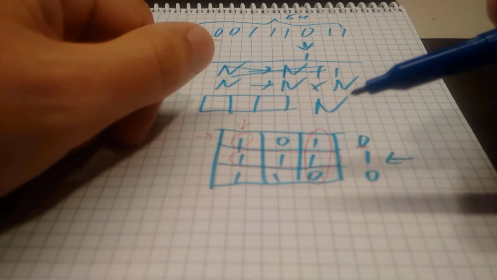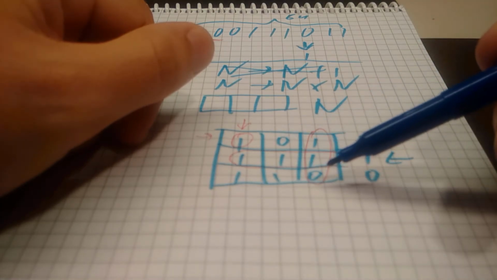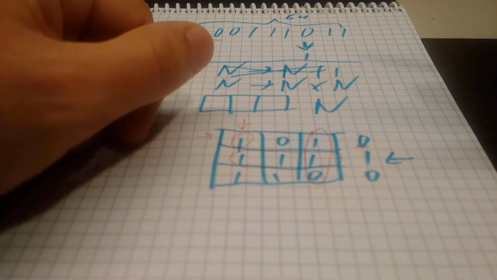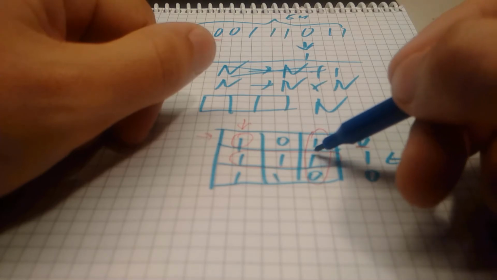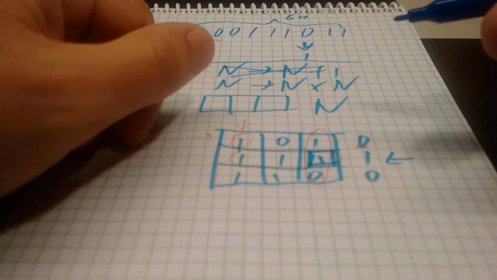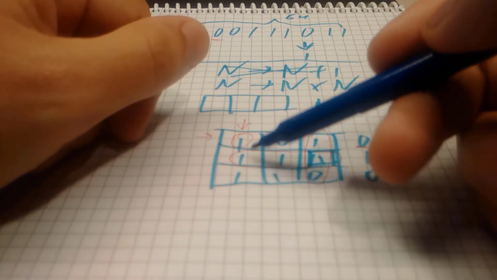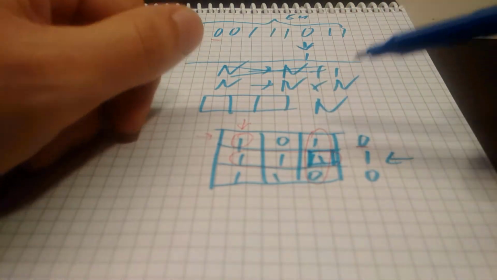The same goes with columns. So any bit in this column will do, and any bit in this row will do. So only this one works. We can change it, and we will communicate the required column and required row.